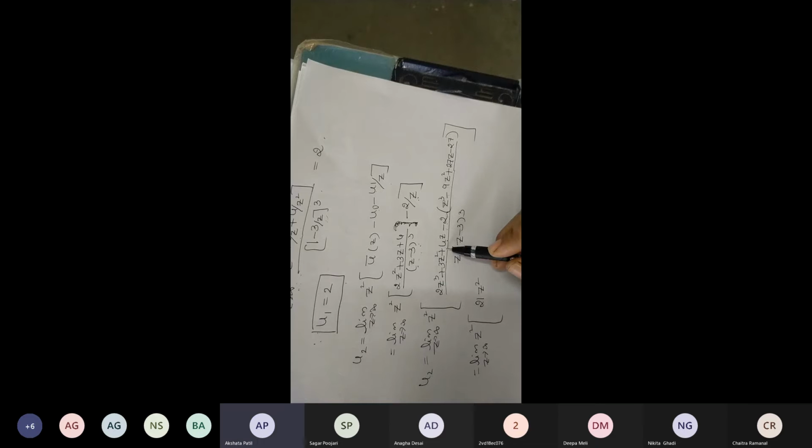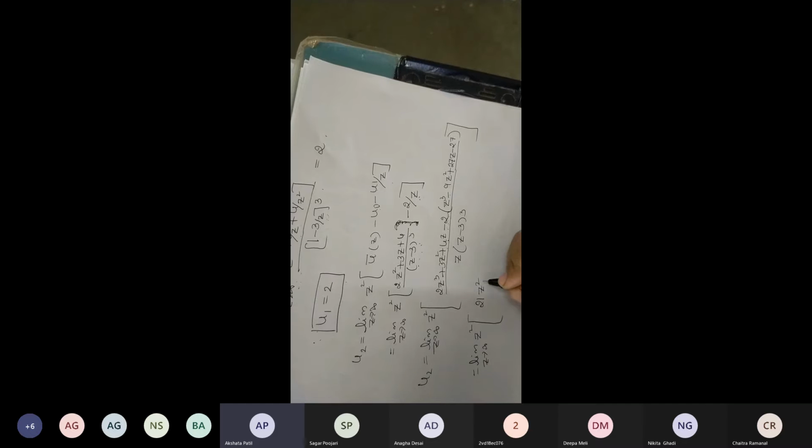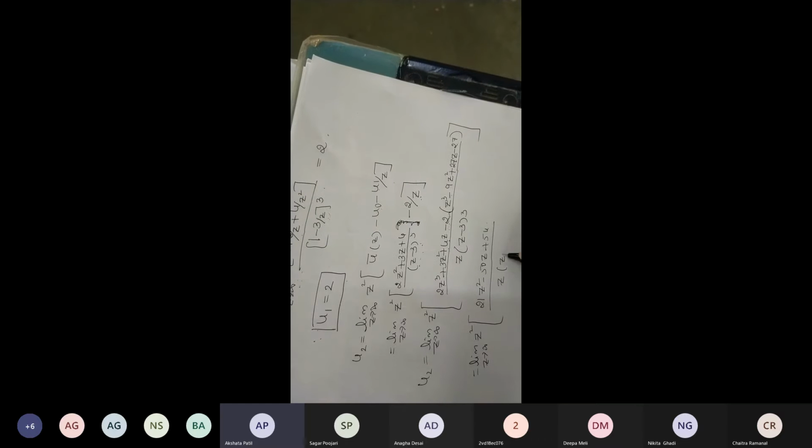And plus 4z, minus of 54z, and here plus 4z, that is here minus 50z. Now here again minus 2 into minus 27, so that is plus 54, plus 54 divided by z into (z minus 3) the whole cube.